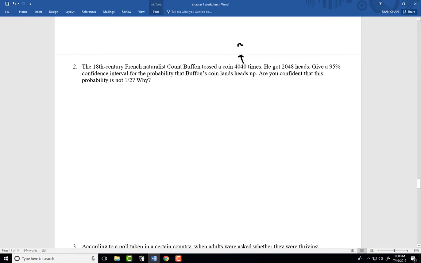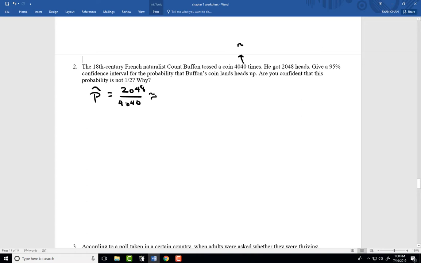Now, here's the situation at hand. They do not give you your p hat. However, if you notice, your sample is 4,040 and he flipped 2,048 heads. So your p hat this time is 2,048 over 4,040, because he tossed it 4,040 times and got 2,048 heads.